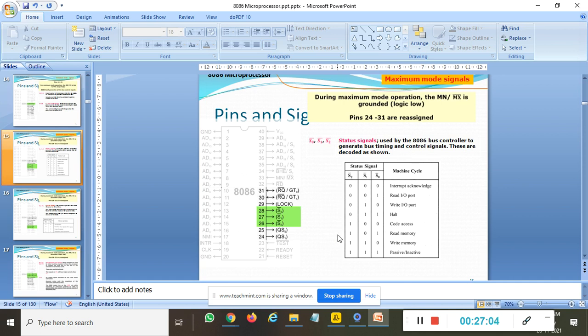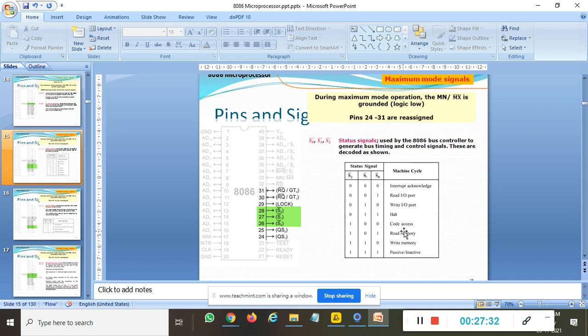And actually S2 indicates whether it is an input output operation. If low, it is the input output port operation. If high, it is a memory related operation or memory access operation. So when it is 1, it accesses the code.